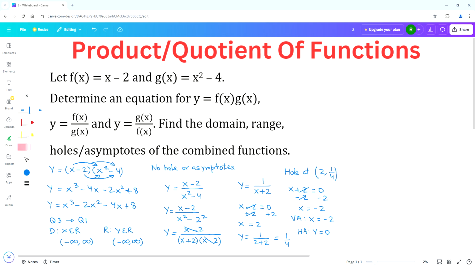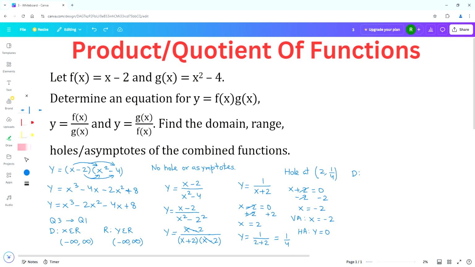This is a very important concept we need to understand and memorize to solve this type of problem. That if the degree of the numerator expression is less than the degree of the denominator expression, then the horizontal asymptote is at y = 0. Now we can write the domain and range for this rational function. The domain is affected by the presence of the hole and vertical asymptote in a rational function.